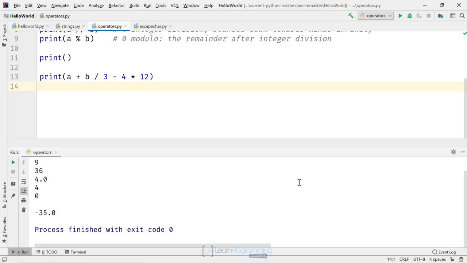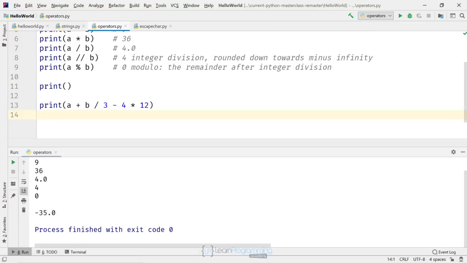Now if you're surprised that the answer is negative 35.0 rather than 12, maybe you weren't paying attention in school. Don't worry, your computer isn't broken and you can reliably perform arithmetic in Python. But like with all programming languages, you have to understand some basic rules of the arithmetic operators. Operator precedence is a fancy term for the relative importance given to each of the operators.